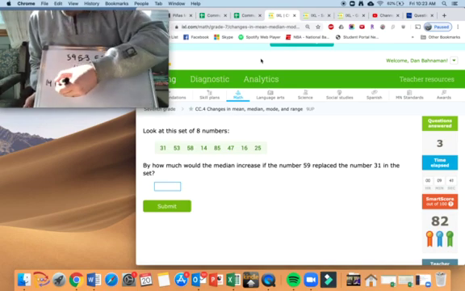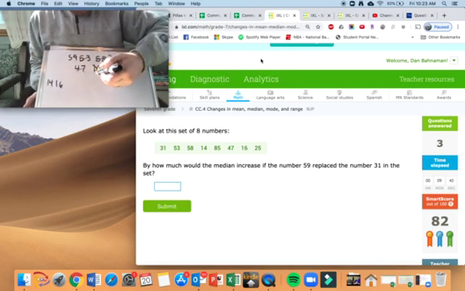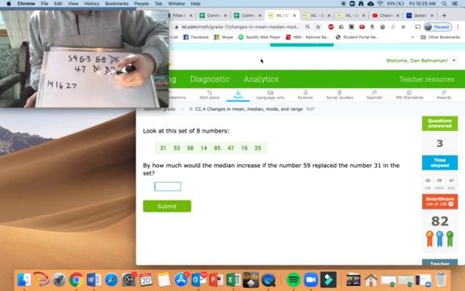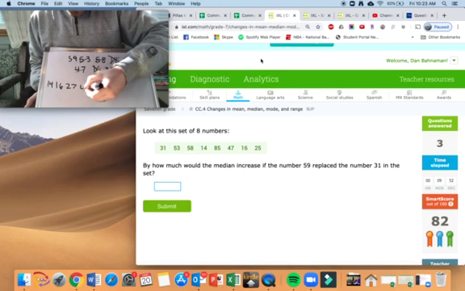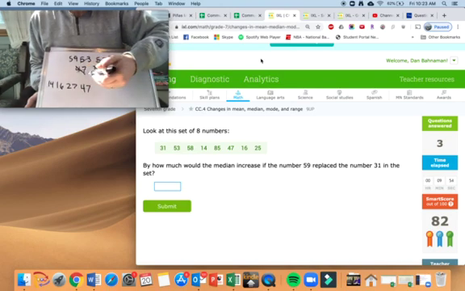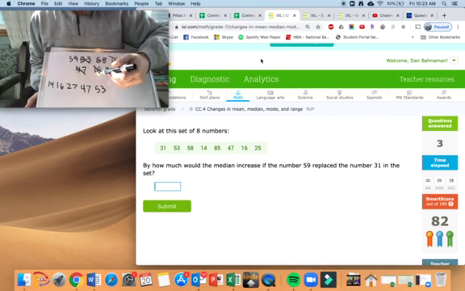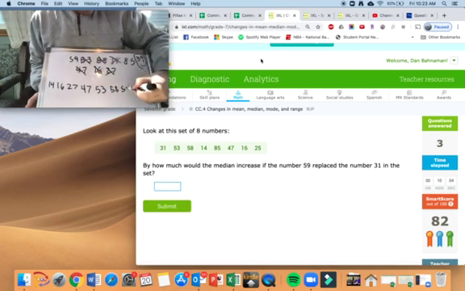So 14, 16, 27. What's next? I have 47. I have 53. 58. 59 now. Again, that's different.